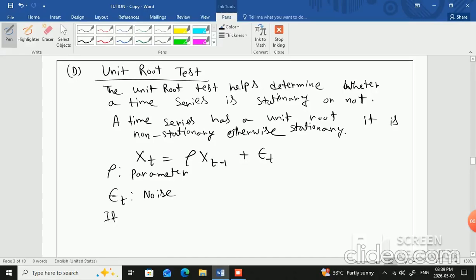If rho equals 1, that implies non-stationary. If modulus of rho is less than 1, that implies stationary. These four types of tests we apply to prove whether the time series data is stationary or not. The four types of tests are most important for this chapter, applicable for theoretical questions.